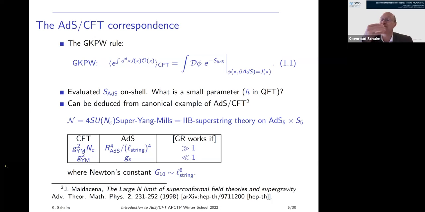So my answer would be that the simple rule of thumb, that A is the source and B is the response if you look at the solution of the equation of motion, is the standard situation. But there are situations where it changes. In that case, I would always go back to the original GKPW rule rather than try to modify the effective rule of thumb.